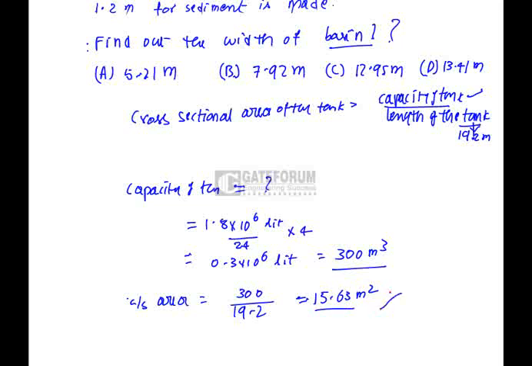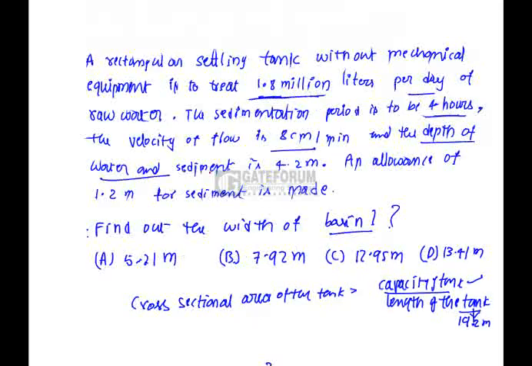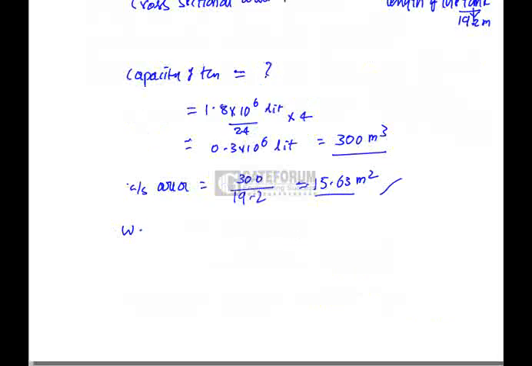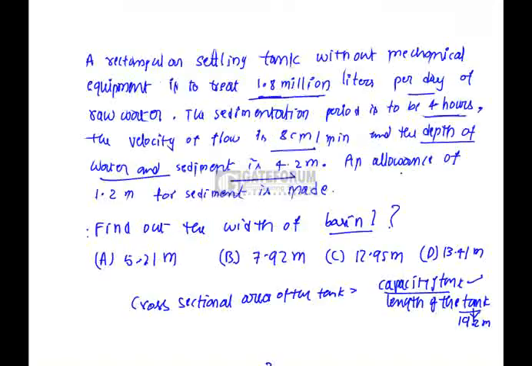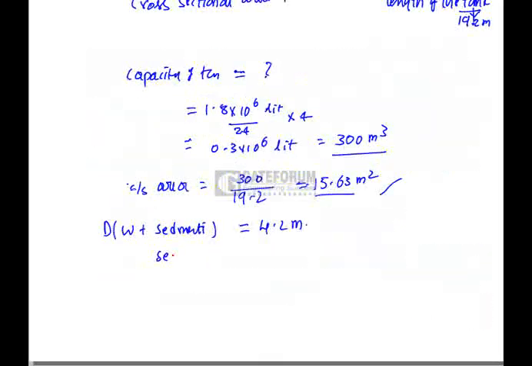From the data given in the question, the depth of water plus sedimentation depth is equal to 4.2 meters, with an allowance of 1.2 meter for sediment depth. The maximum depth of sediment that can be allowed in this tank is 1.2 meter.